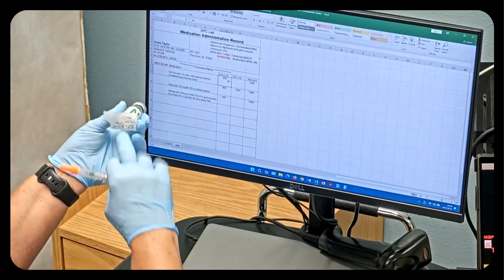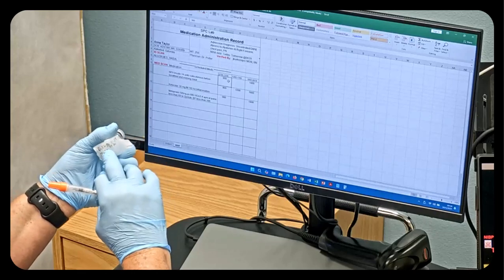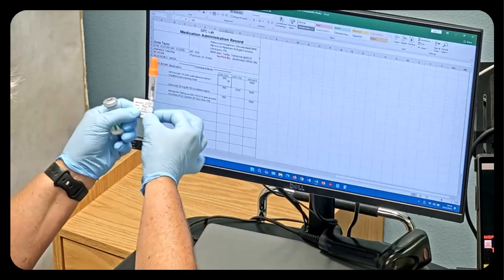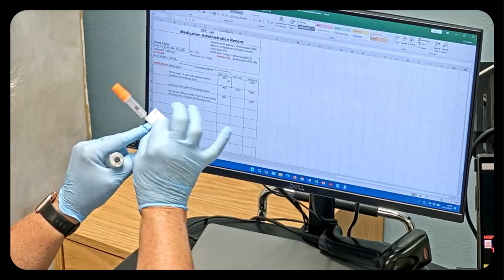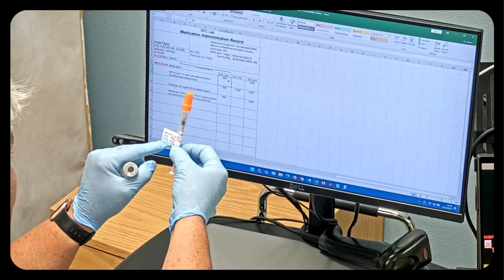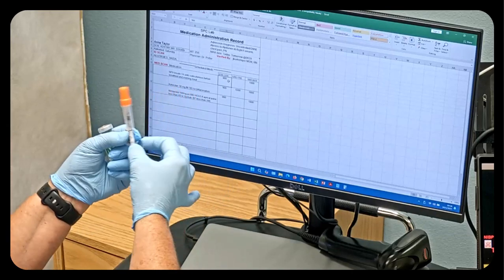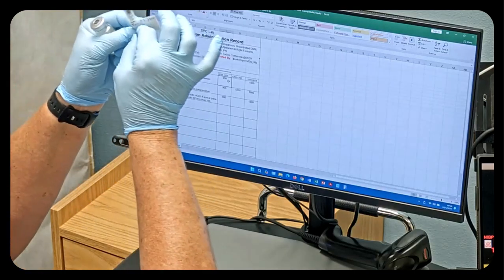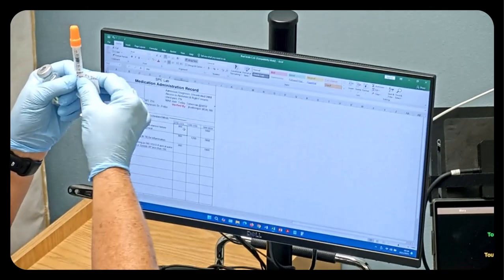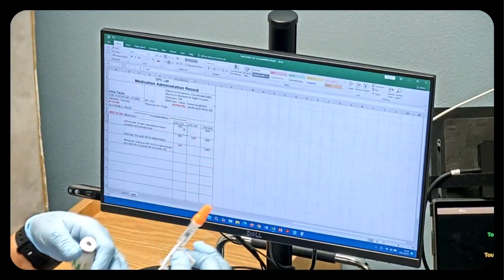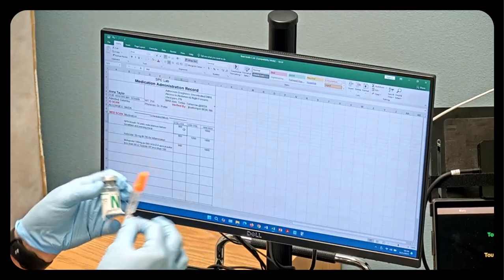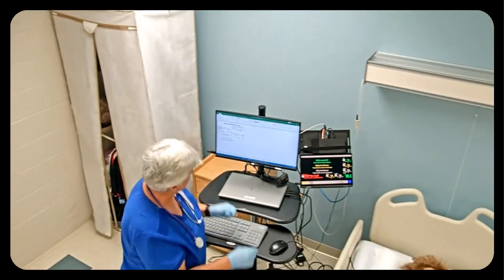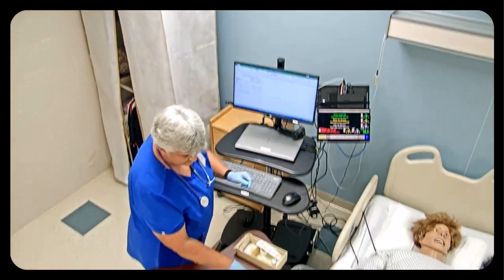Since this was a new one, I had dated, timed and initialed it, and that is correct, NPH insulin U100. So in my syringe, I have NPH insulin, 14 units, sub-Q. I'm giving the 9 o'clock dose, and I've got my initials, and then I'm going to verify that I still have 14 units, because it's easy to push the plunger up, and so we have that. So once I've done that, I'm going to put that into my bin, and I've done my second check on that one.